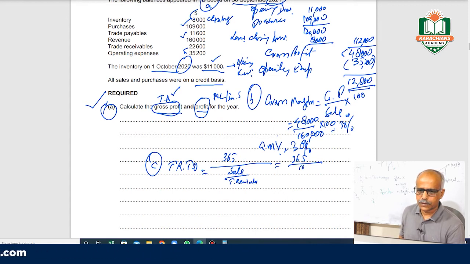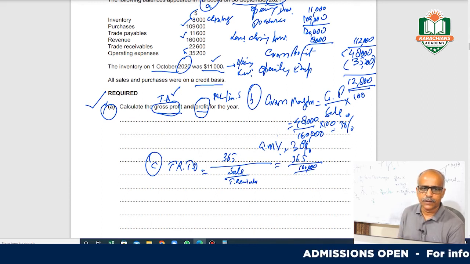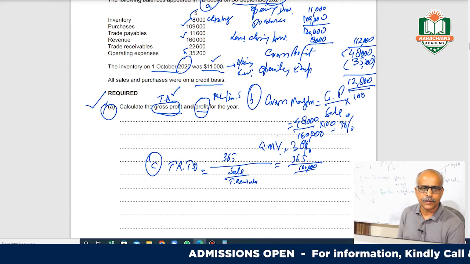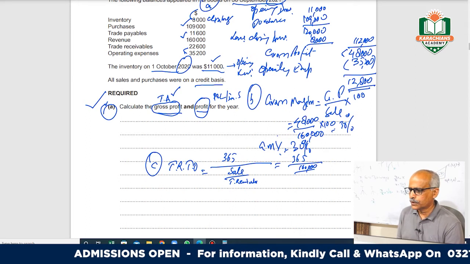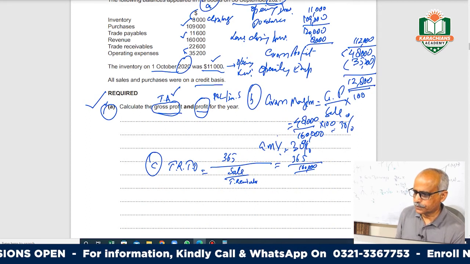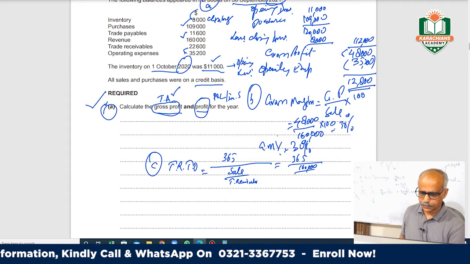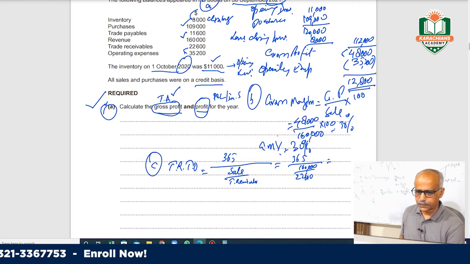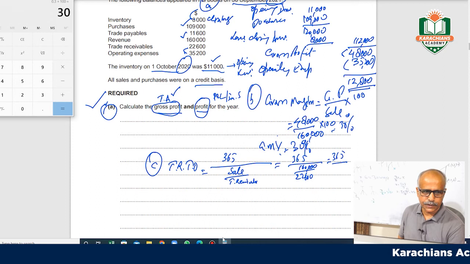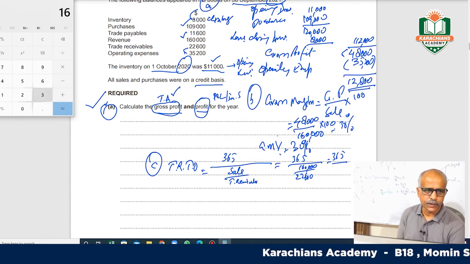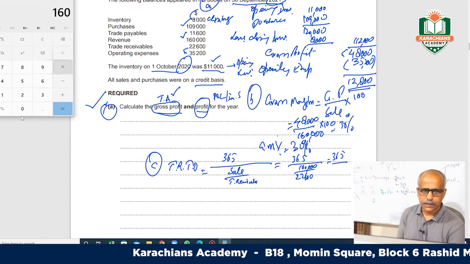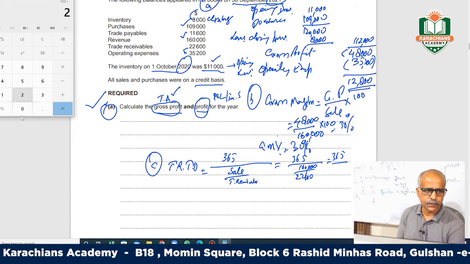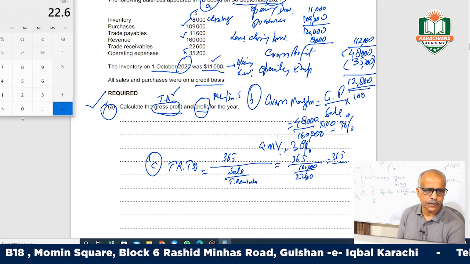160,000. Your trade receivables are 22,600, right? 365 by, we can see, 160 divided by 22,600.